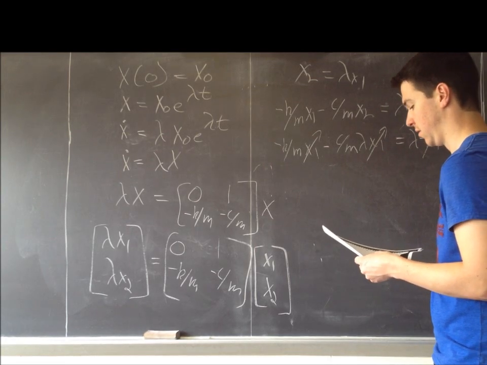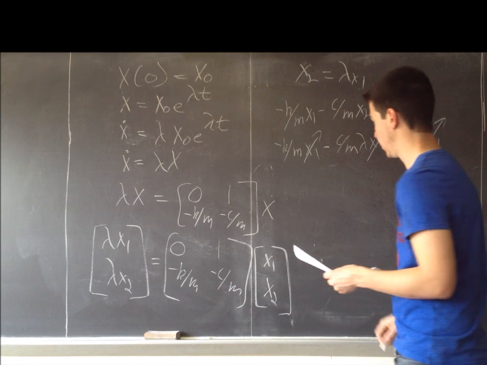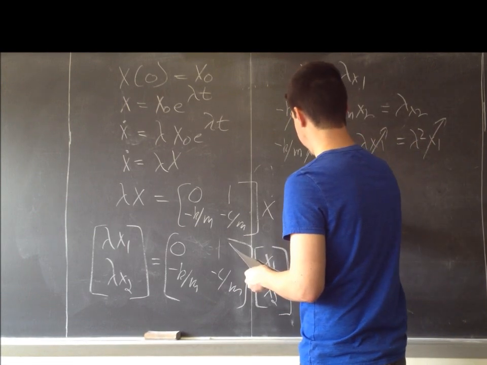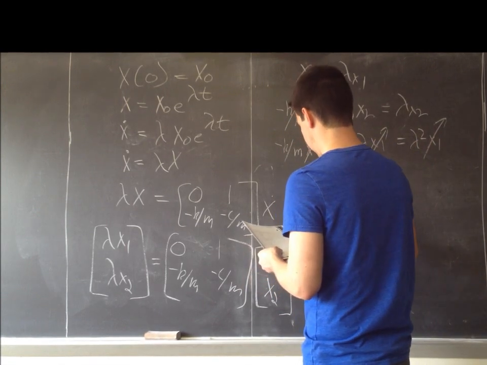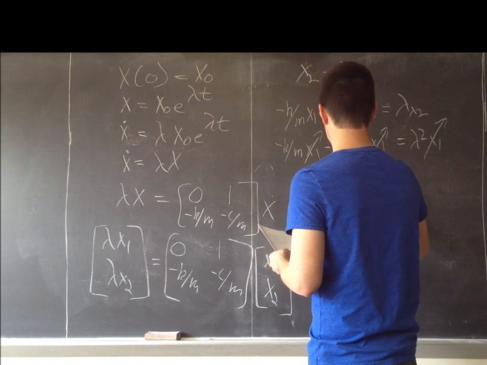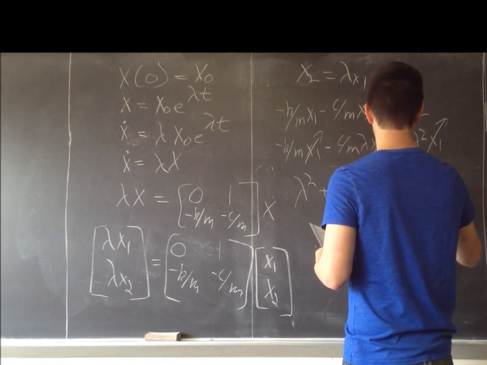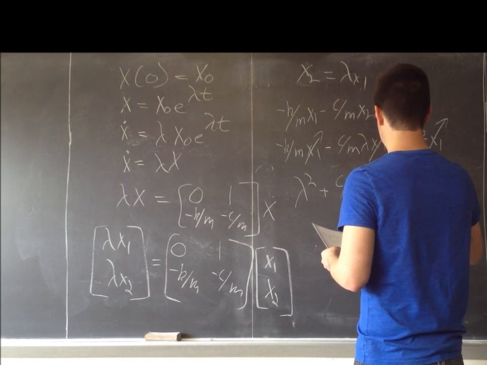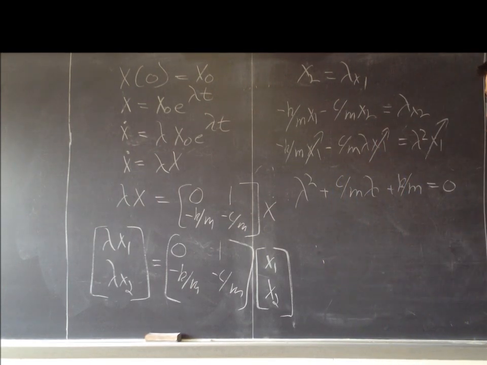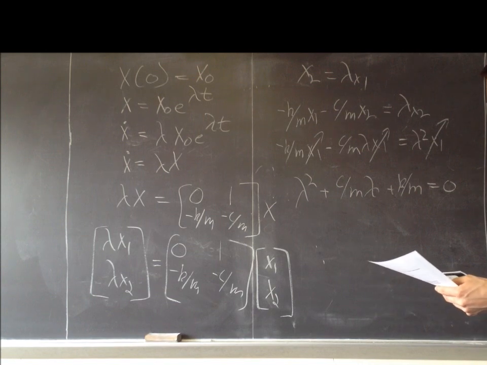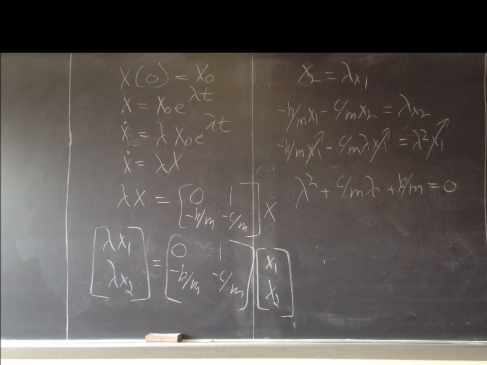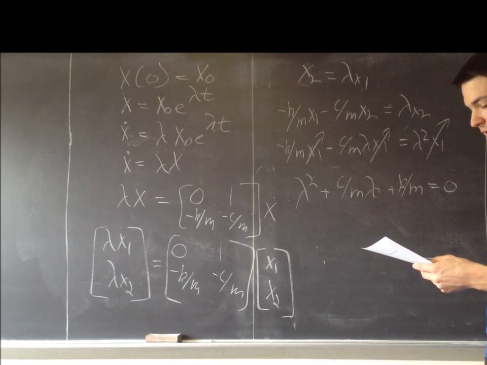And what we'll do is put it in quadratic form. This is lambda squared plus c over m lambda plus k over m equals 0. At this point, all we need to do is solve the quadratic equation for lambda, and that will give us our eigenvalue.